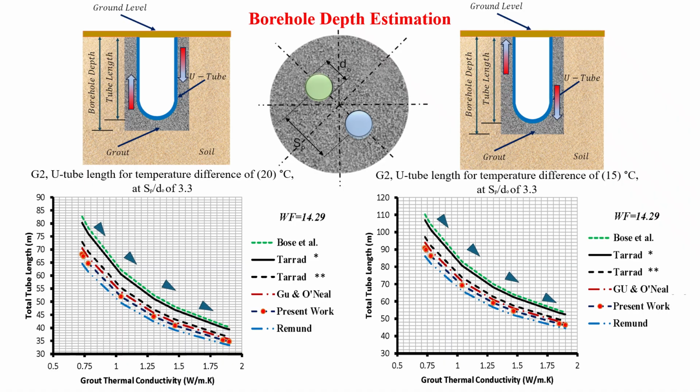So, in general, the length of the heat exchanger is higher for the lower temperature difference between the soil and the condensate.